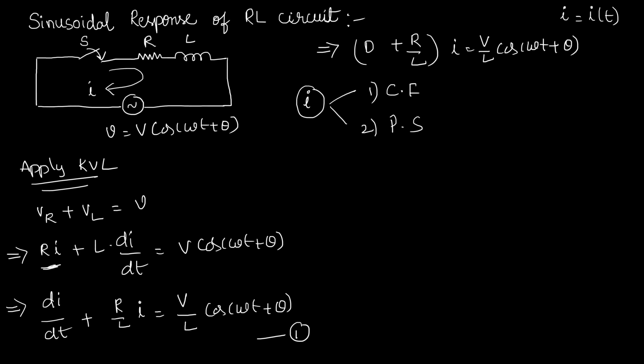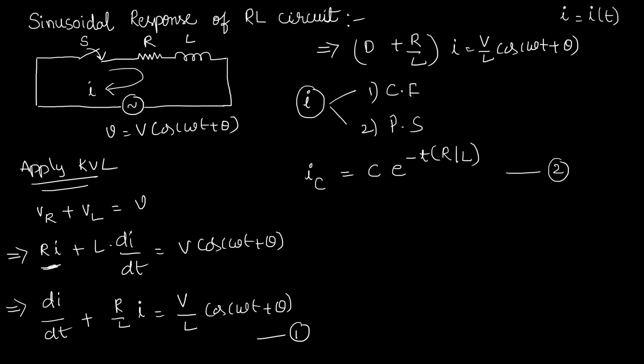If we can solve these two parts, we can get the complete solution for the current i. By simple mathematics, the complementary function, let it be i_C, straight away we can write as C into e^(-tR/L). Consider this as equation 2.